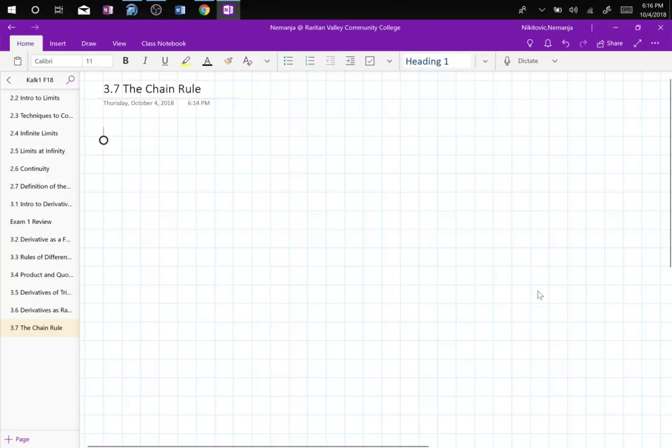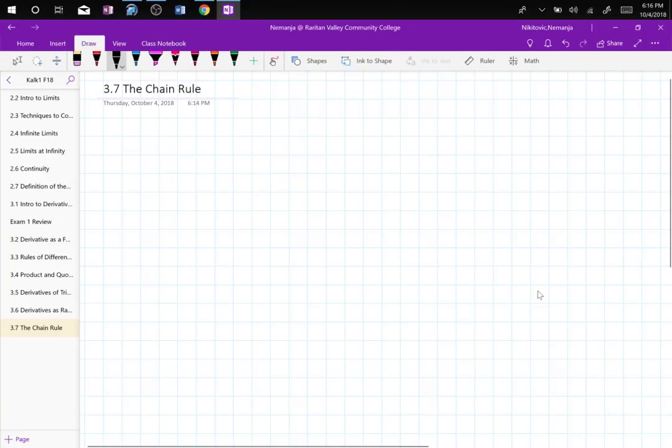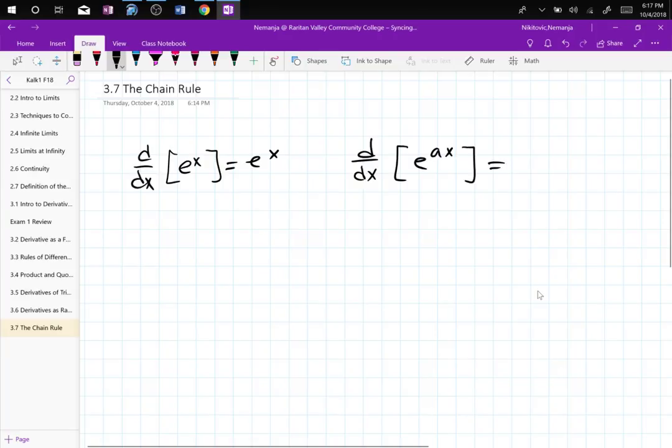The difference between the regular derivative and the chain rule is already known to you. We have to do a lot of preliminary work before we get into the derivative, but let me just give you an immediate idea. So the derivative of e to the x is e to the x, and then the derivative of e to the ax is a e to the ax.